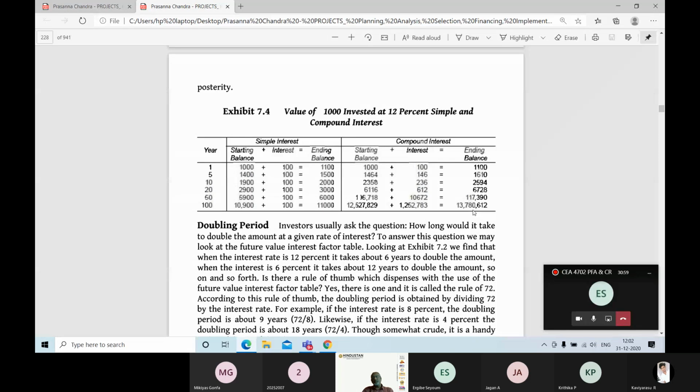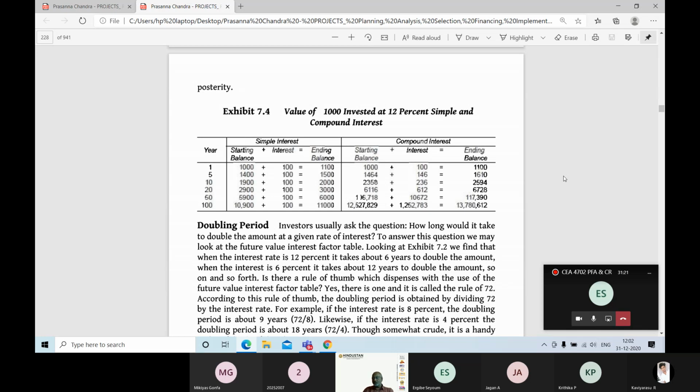It comes to 13 crores, 620,000 and 8. What is the total amount here? This one is 37 lakhs, that is 1 crore 37.